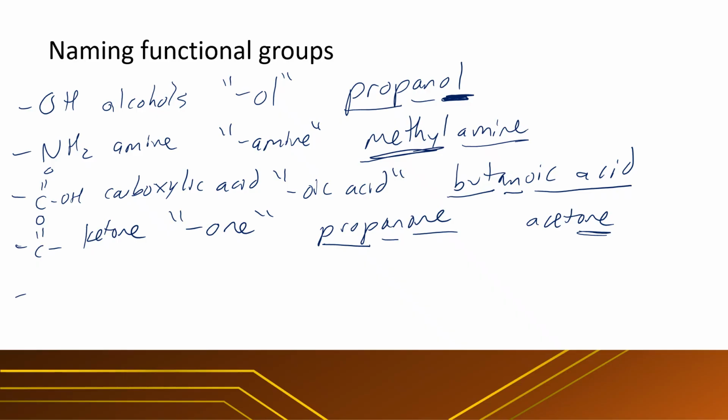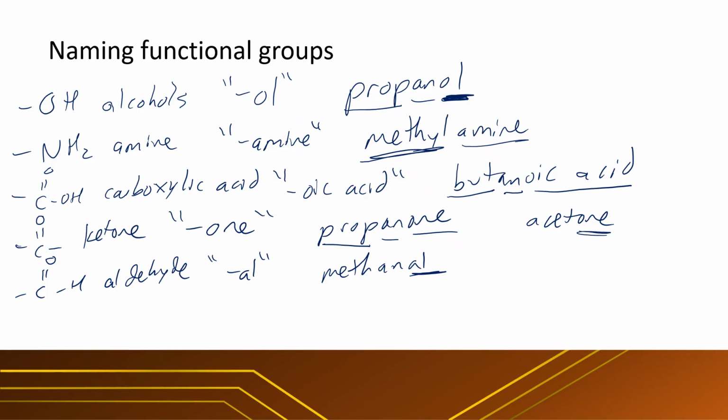If I have that C double bond O with an H, it's an aldehyde. Aldehydes end in -al. So like we said, formaldehyde, but the official name for that would be methanal nowadays. Methanal. So we have that al at the end, indicating it has an aldehyde group.